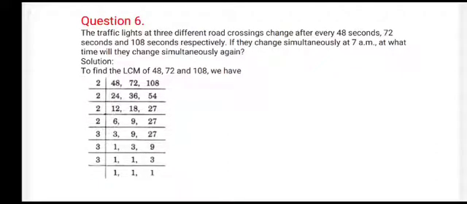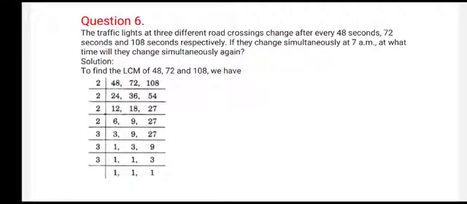Now here are the traffic lights. In this question they have taken LCM, but I tell you that even if you take LCM, the answer is right. As I told you, here no word gives you an idea whether you should take out LCM or HCF.